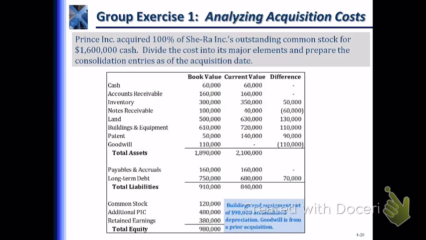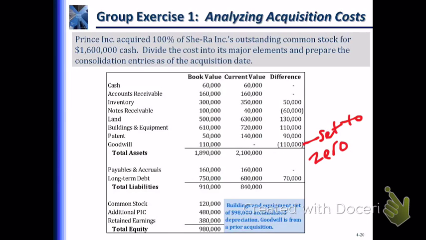Okay. So here's that example we were looking at, a new one. So they paid $1.6 million in cash. They want us to divide it into the major elements. This company had goodwill, so notice when we acquire it, you don't bring any of that goodwill over.